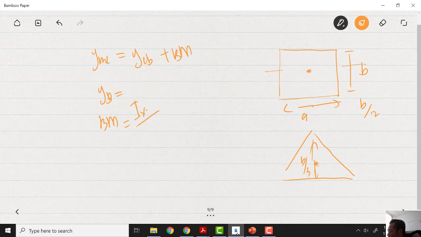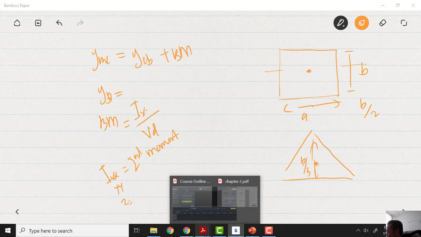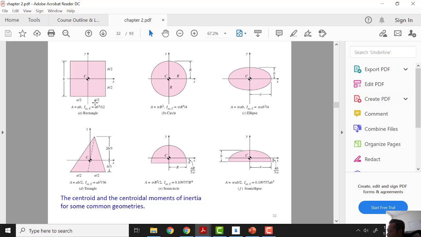ISS or IYY or IZZ is the second moment. For this kind of problem, you need to find the smallest second moment. For example, the second moment of a square is A B cubed over 12.